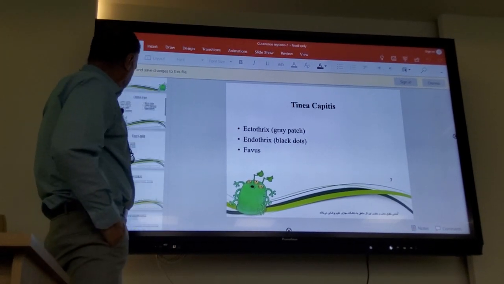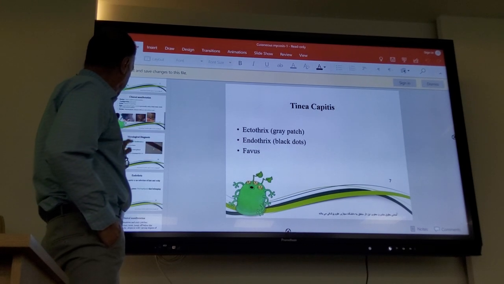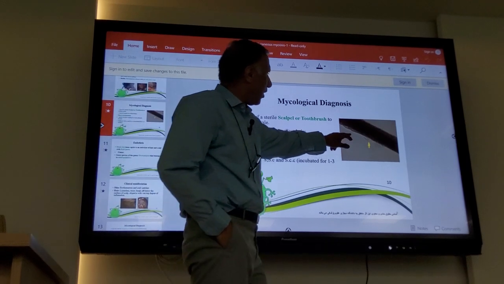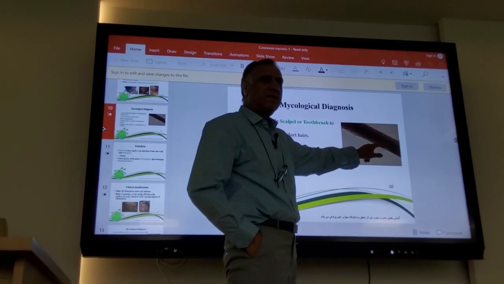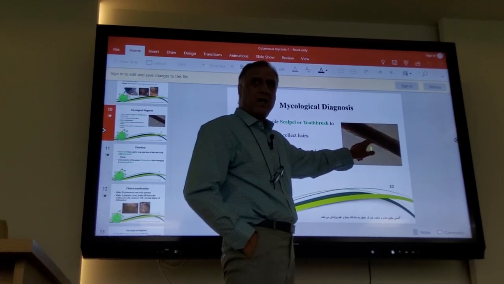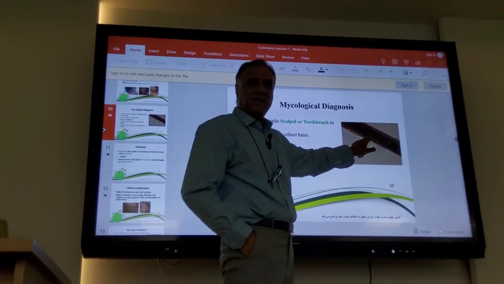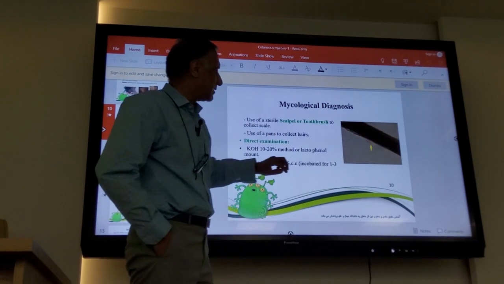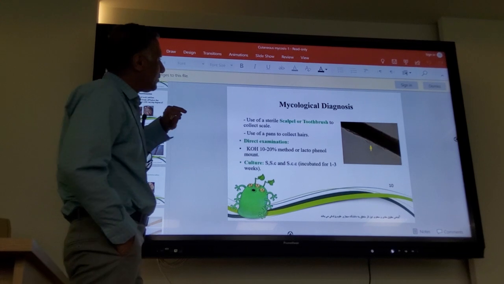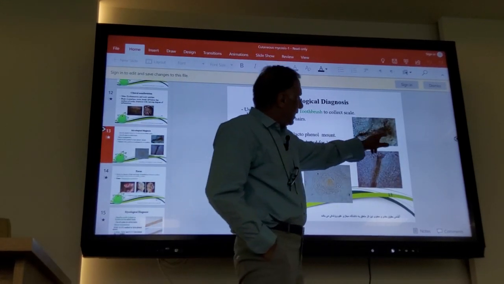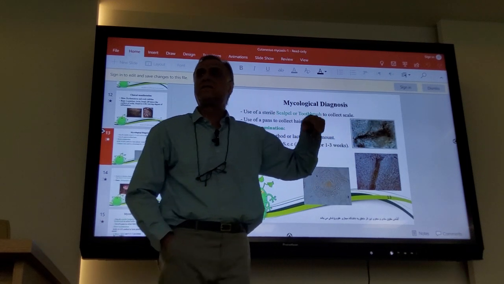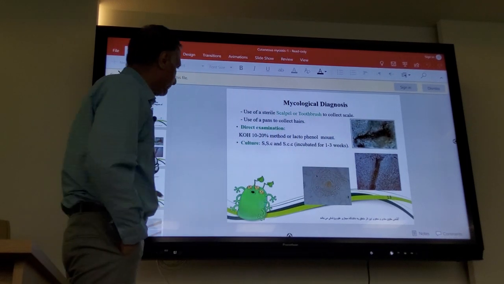In this picture, outside the shaft of hair, when you see spores of dermatophyte in the outer layer of the hair, it is ectothrix. When you see a cluster of spores inside the hair, it is endothrix.